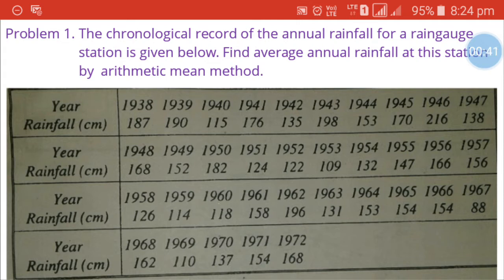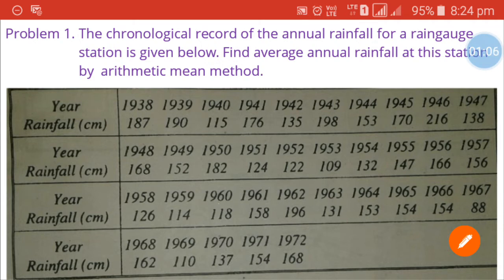So problem number 1: the chronological record of the annual rainfall for a rain gauge station is given below. Find average annual rainfall at this station by arithmetic mean method. In this problem, the rainfall data is given.